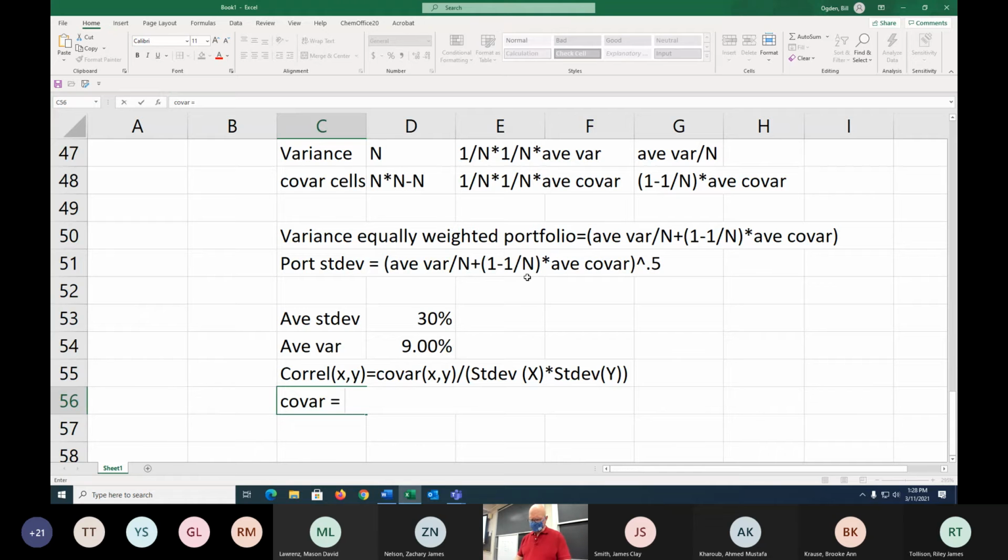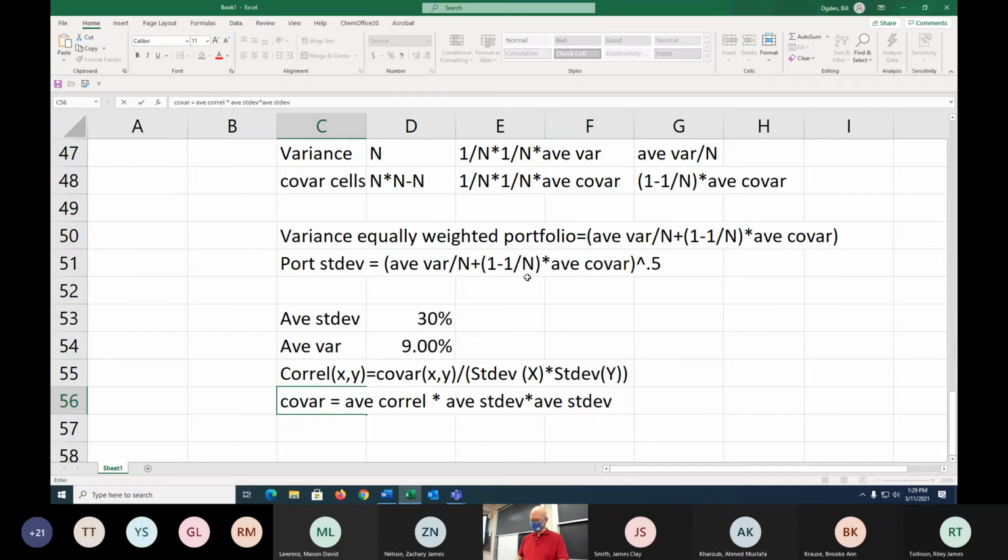So the covariance is the average correlation times, now it would be the standard deviation of X times the standard deviation of Y, but we don't have those. We have averages. Just substitute. Place you would normally have an individual stock, substitute the average.